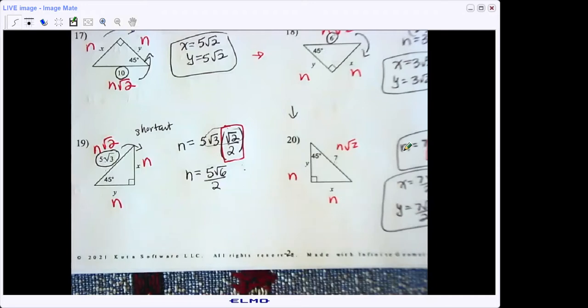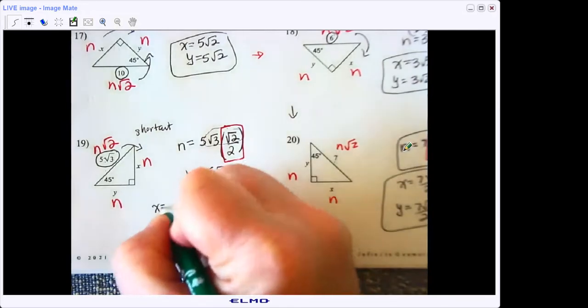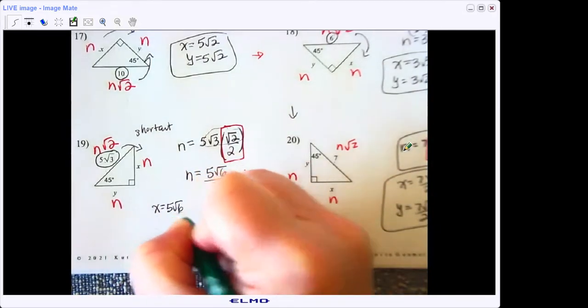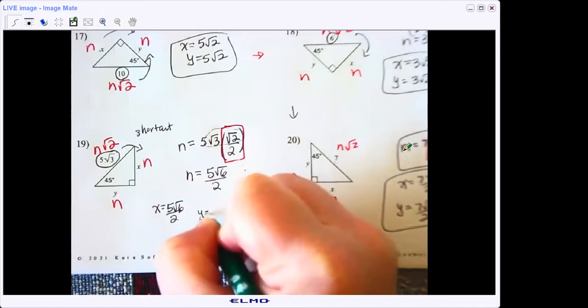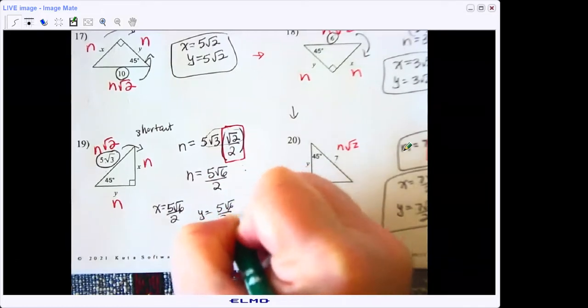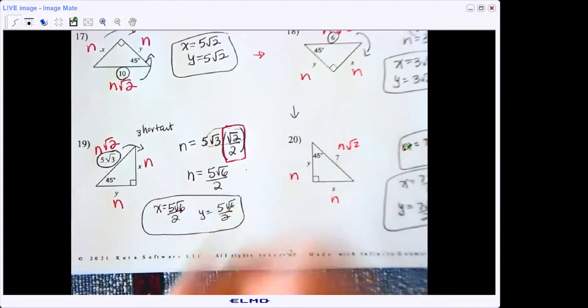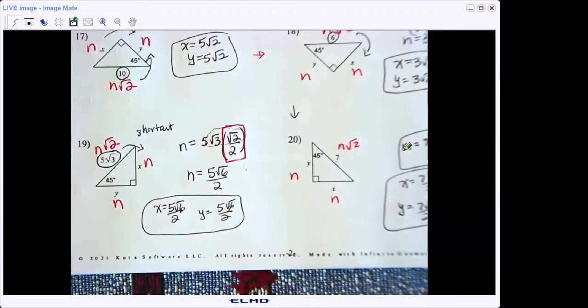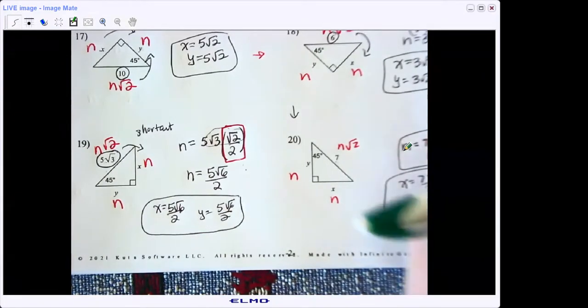I know it's not a pretty number, not a nice whole number, but it is the answer. So both my x and y are 5 root 6 over 2, and you're done. A few of these need to have some math shown, like those.